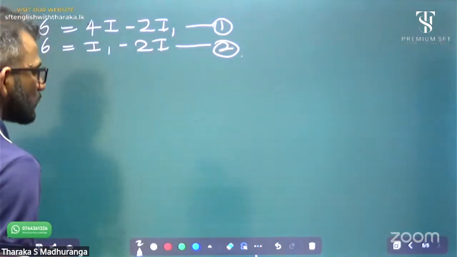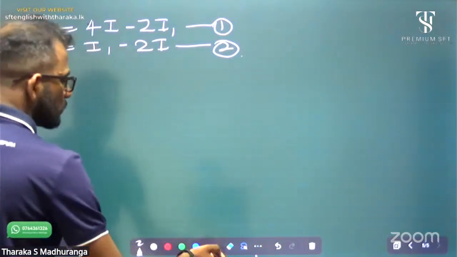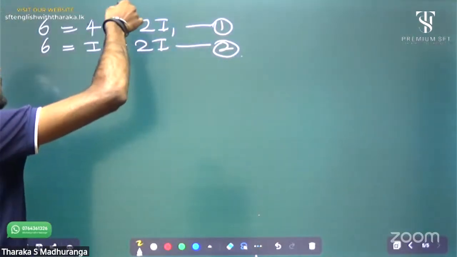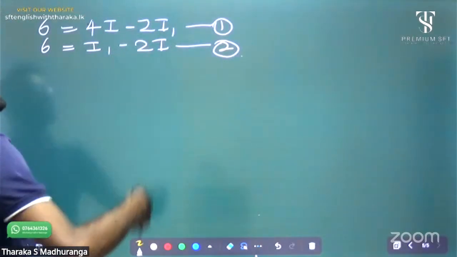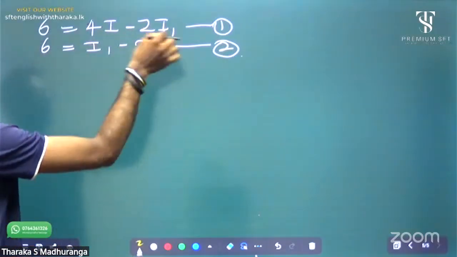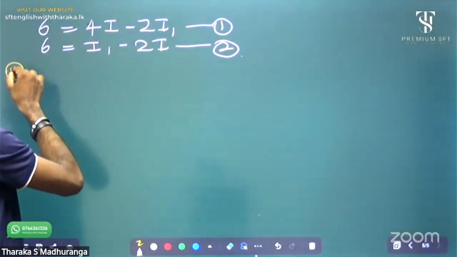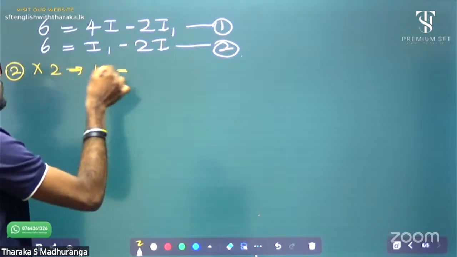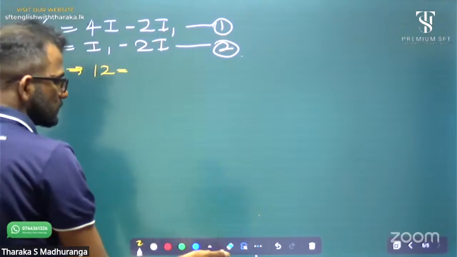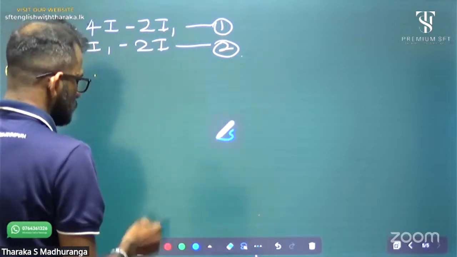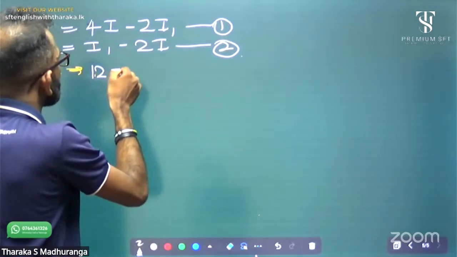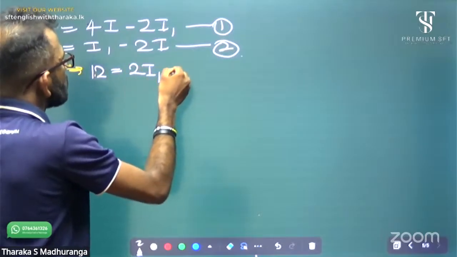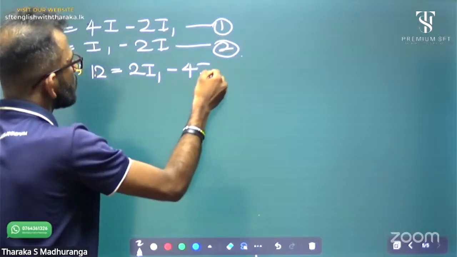First of all, I want to equalize one coefficient. Now, I want to equalize the I coefficient. Therefore, I can multiply the second equation by 2. Then it is 12 equal 2I1 minus 4I.